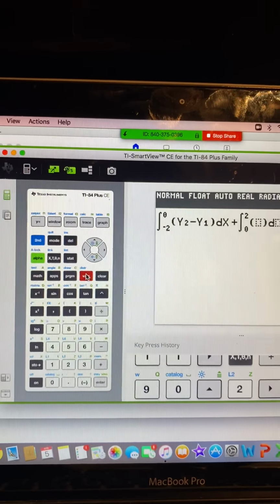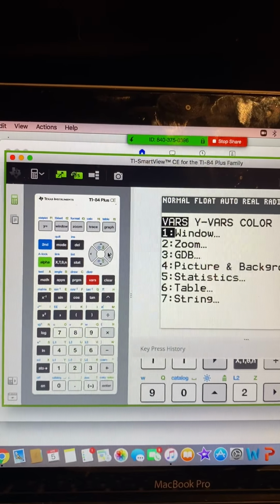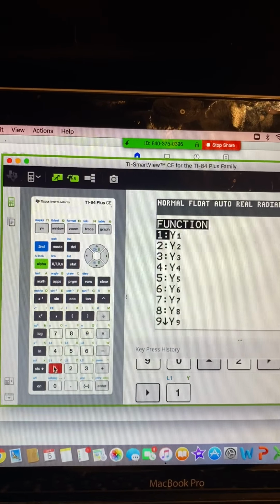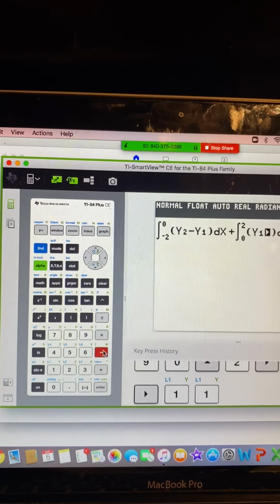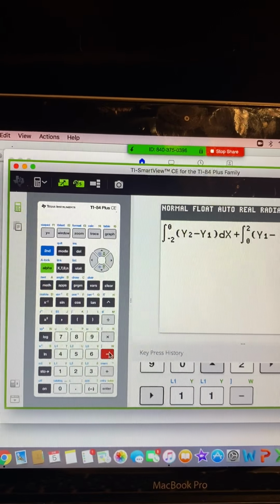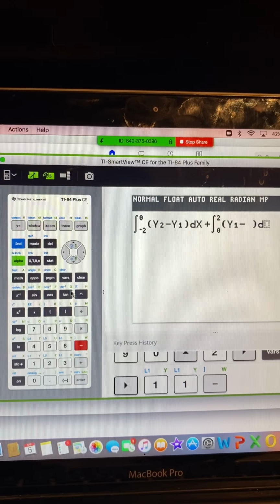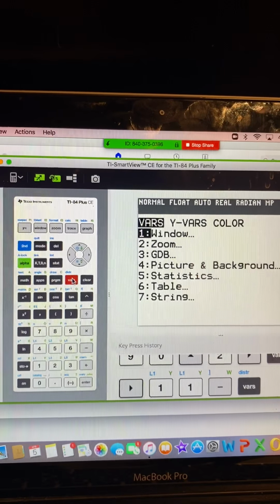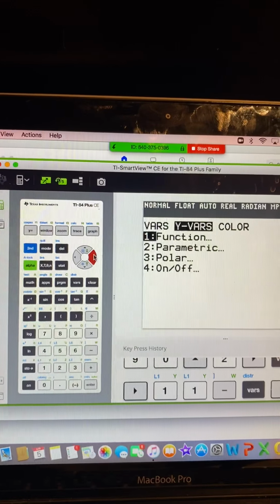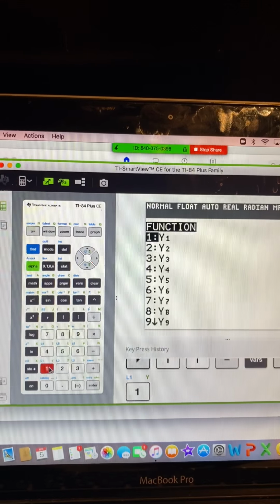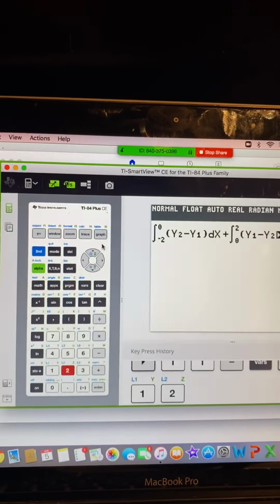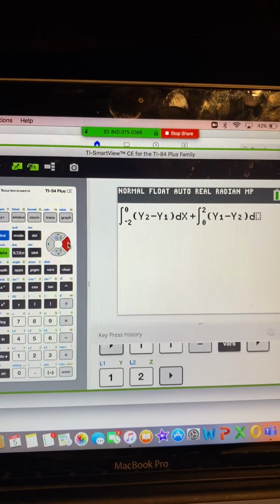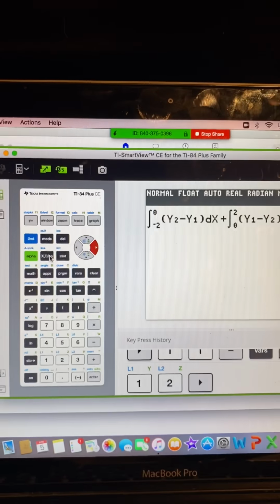So vars, y vars, function 1 minus y2, vars, y vars, function y2, and as always it has to be dx.